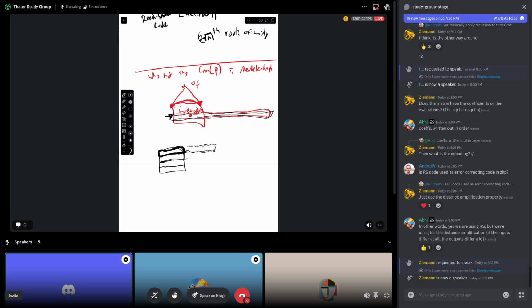One nice thing is if you stick with evaluations all the way through, interpreting the message as evaluations and the extra redundancy as evaluations as well, then the code is systematic, where the message itself is the first part of the codeword. I think that's nicest, so even though you have flexibility, let's stick with that. Exactly what you said is what we'll stick with. You interpret the entries of this row as evaluations of a univariate polynomial, and then the encoding is just more evaluations of that.